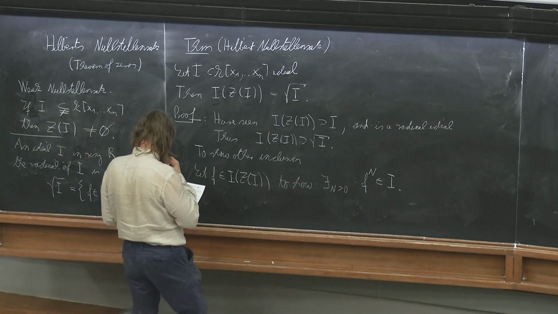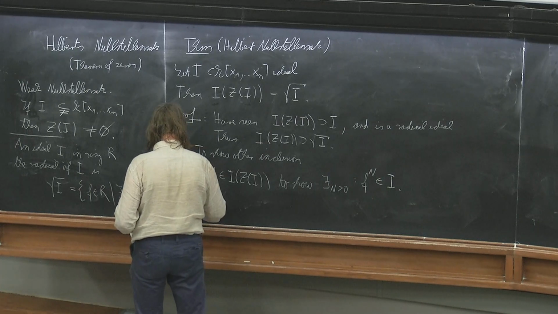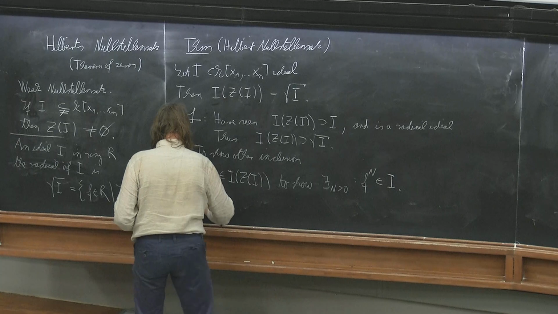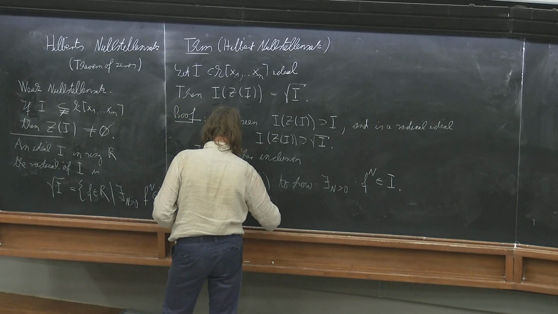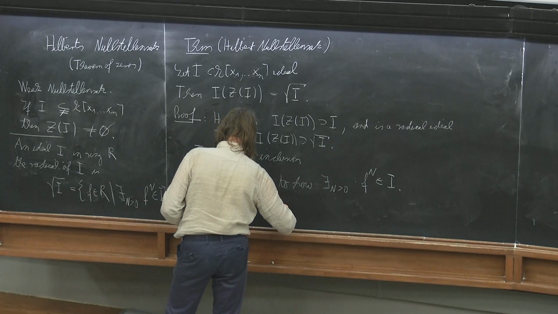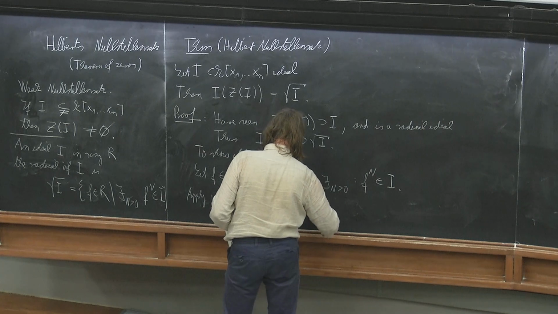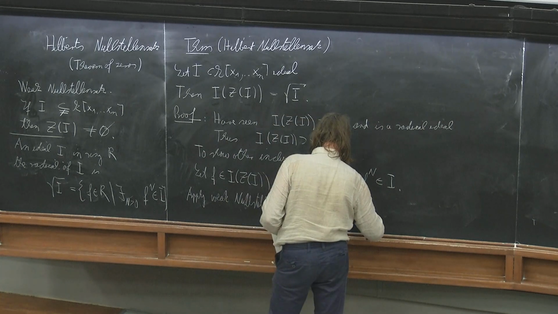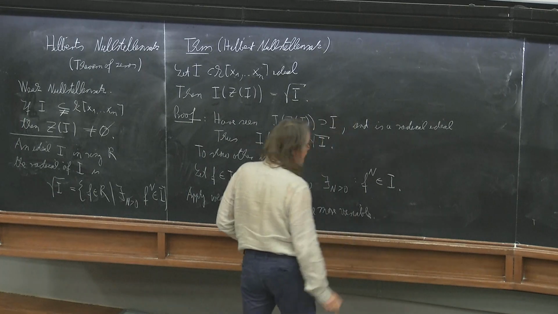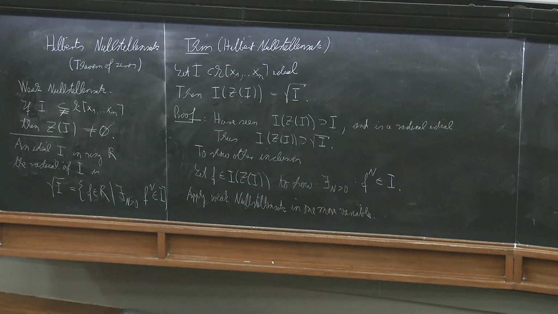Okay, so use a trick, so apply the weak Nullstellensatz in one more variable. Obviously in a way which is somehow related to our original problem, otherwise it wouldn't be so useful.